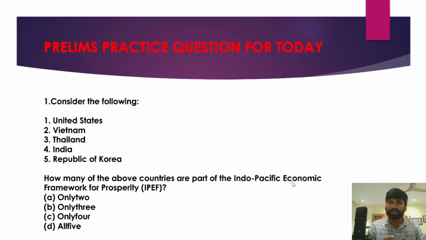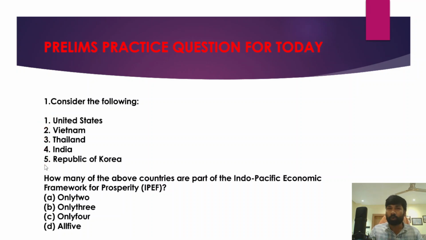So the question is, consider the following countries and say which of them are member countries of the Indo-Pacific Economic Framework for Prosperity. The options are United States, Vietnam, Thailand, India, and Republic of Korea.